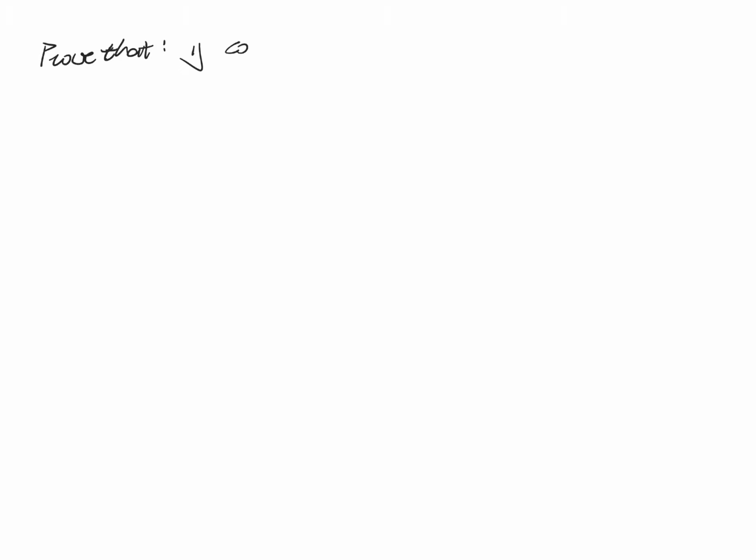Prove that cosine of 18 degrees minus the sine of 18 degrees over cosine of 18 degrees plus sine of 18 degrees equals the tangent of 27 degrees.